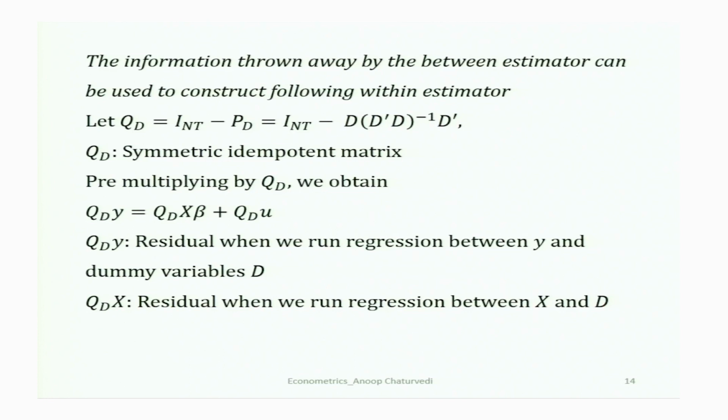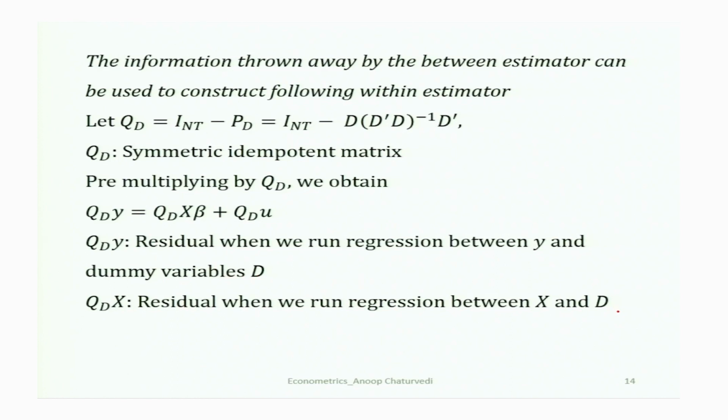In fact, we defined the within estimator for the fixed effects model, but now we are considering the random effects model, and we are defining the within estimator for the random effects model, but our steps are the same. We take Q d y, which is the residual when we run the regression between y and dummy variables d, and Q d x, which are the residuals when we run the regression between x and d.